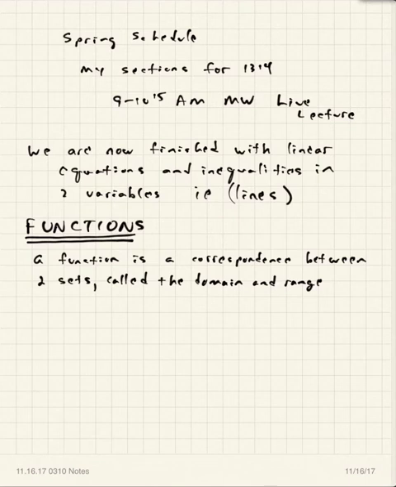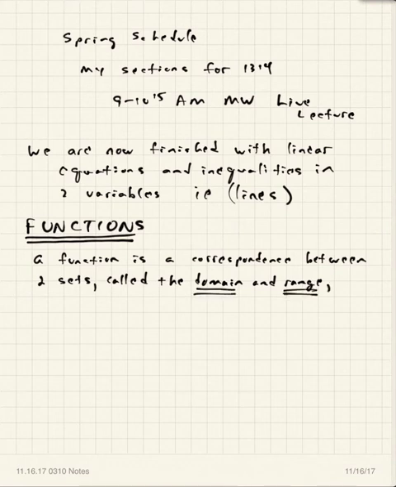And by the way, because you got 2 sets there, this is why we had to wait until we started talking about equations in 2 variables before we could talk about functions, because it's a correspondence between 2 sets. You have to have 2 variables when you're talking about functions. You can't talk about functions if you have just 1 variable. Okay, a function is a way of relating 2 sets to each other. And the 2 sets are called the domain and range.